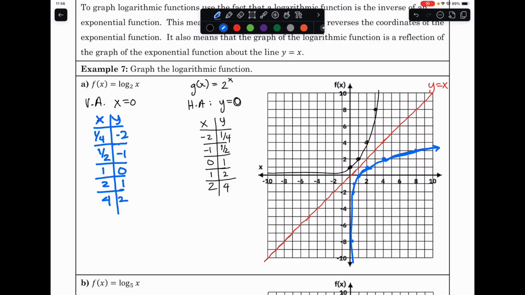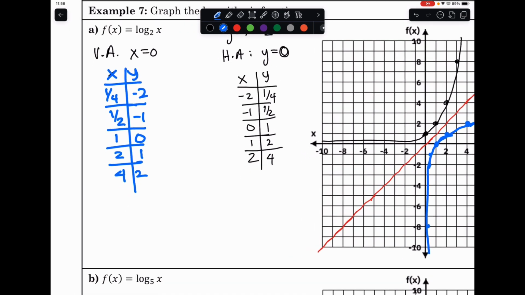So you'll see again how these two things correlate to each other. And now the cool part about this is when we actually evaluate this. All I did was flip these values because, like I mentioned, they're inverses.